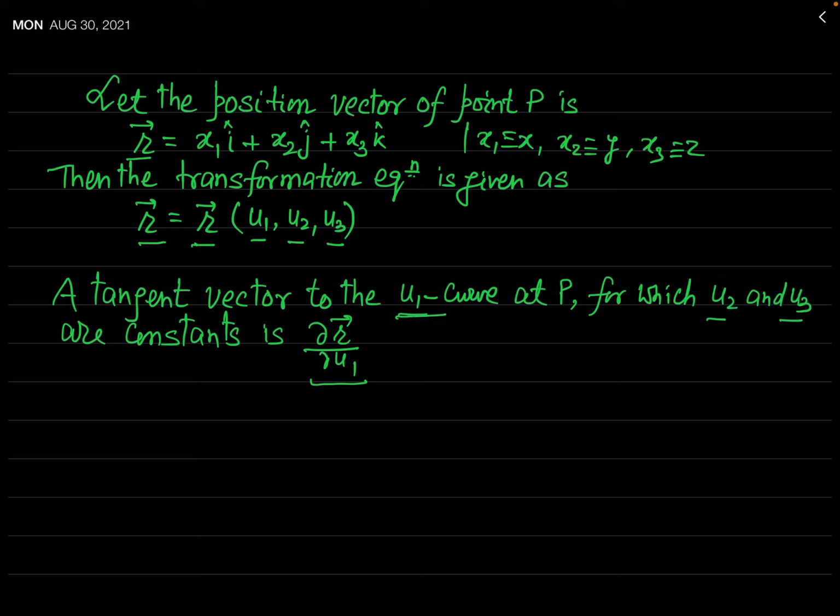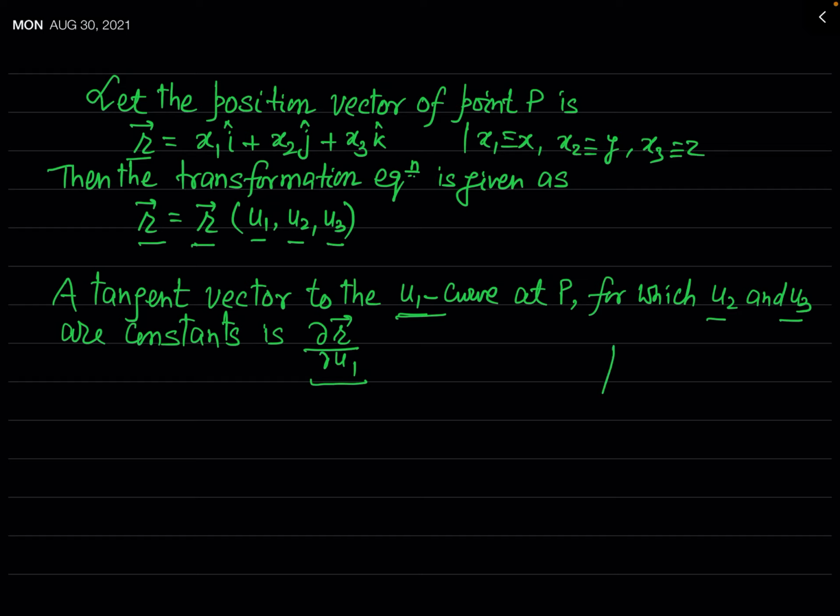So if you want to define a unit vector along this tangential direction, you can easily define it, because you know a unit vector in a particular direction is defined by a vector in that direction divided by the modulus of that vector.